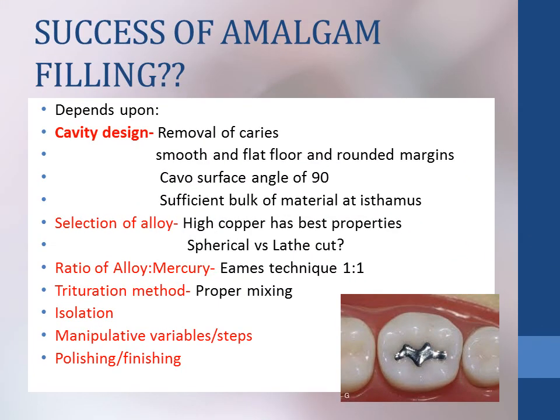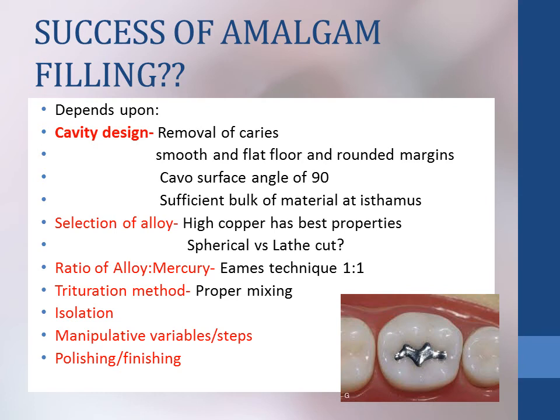So, a very important question that has been asked previously in your SEQs. What does the success of amalgam filling depend on? Well, if we start from the beginning, it depends upon the cavity design when you are making the cavity within the tooth. So the removal of caries, smooth and flat floor, rounded margins, a cavosurface angle of 90, sufficient bulk of material at the isthmus.